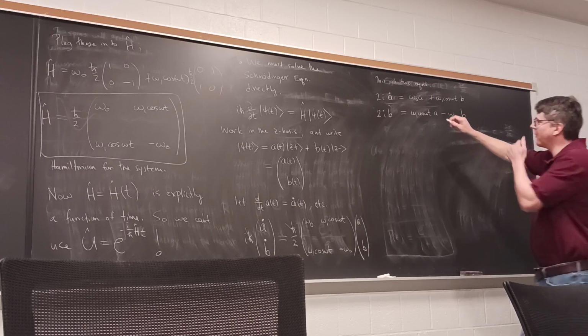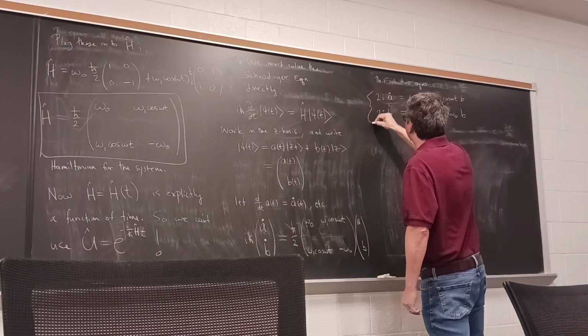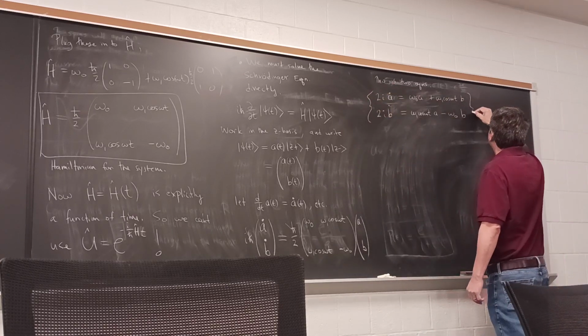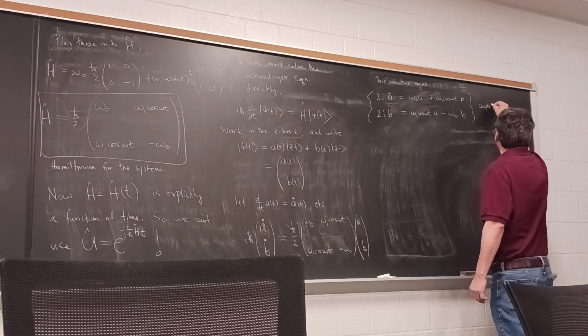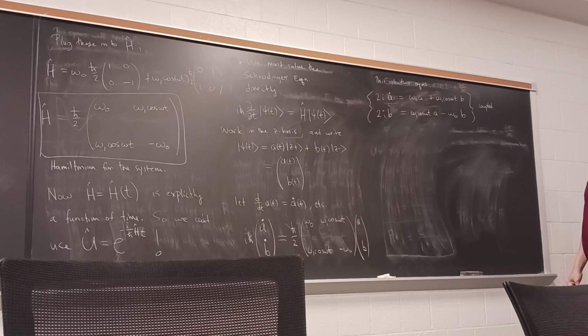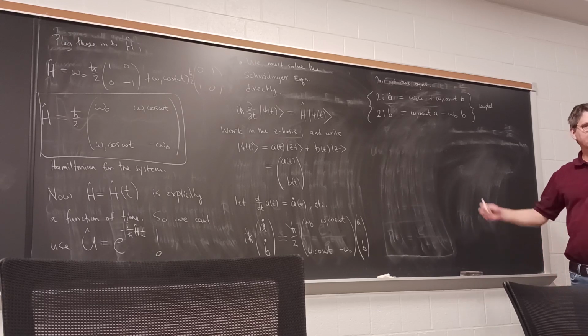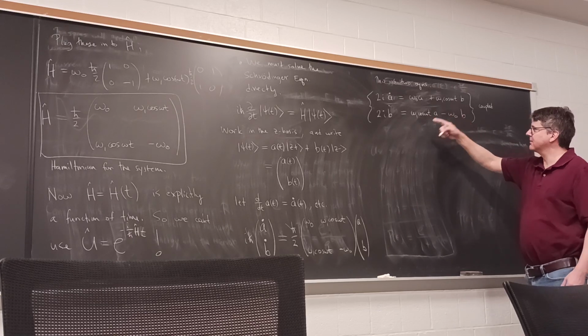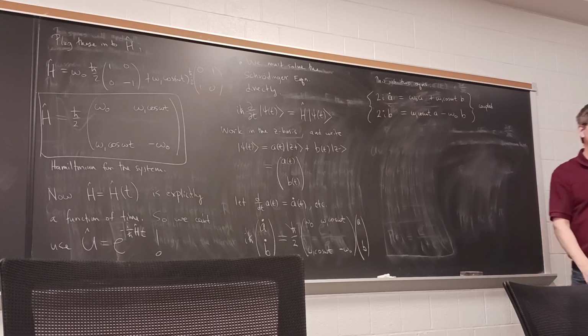Okay, so these are two equations we have to solve. They're coupled, and they're not easy like before, because now we have cosines here and here, which make it harder to solve. So the approach to solve this is to first work out, we want to simplify the solution.